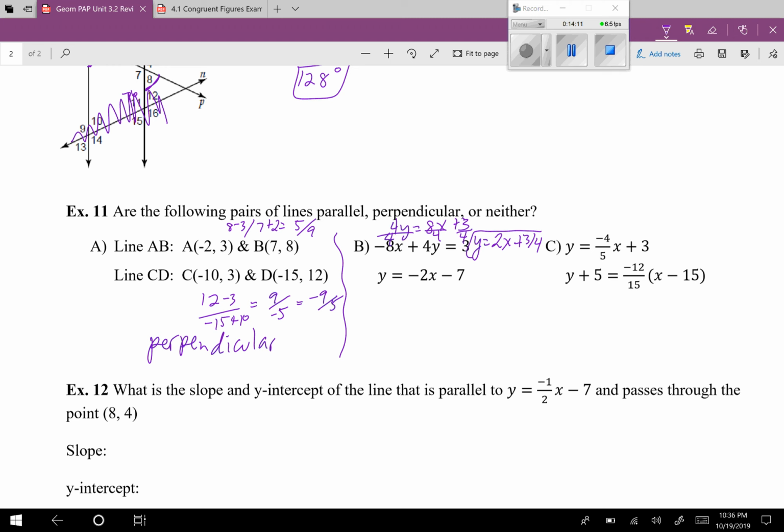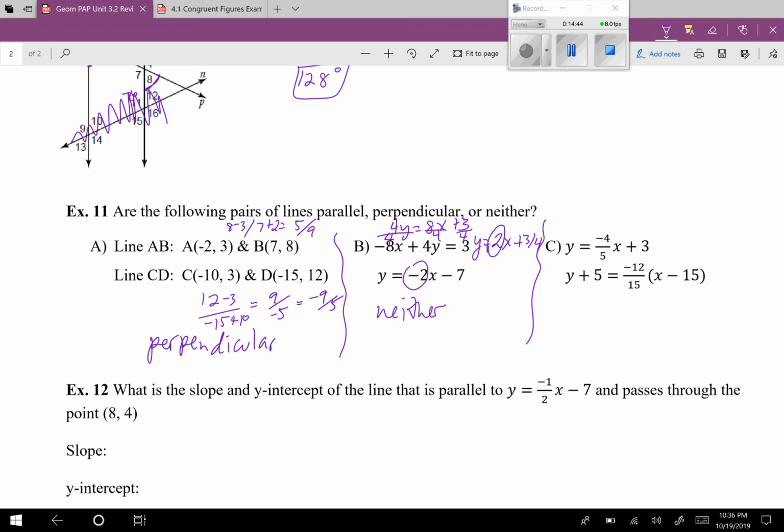That's what the line is there. So now look at the slope. So 2 versus negative 2. Well, they are not the same. They're not equal because one's positive and one is negative, but then they're also not perpendicular because they have different signs, but one is not the reciprocal of the other. So they are neither.